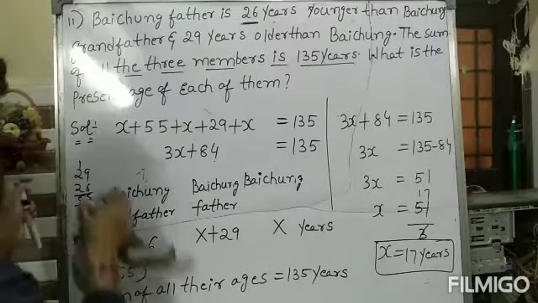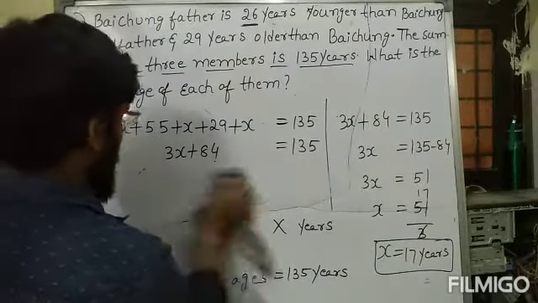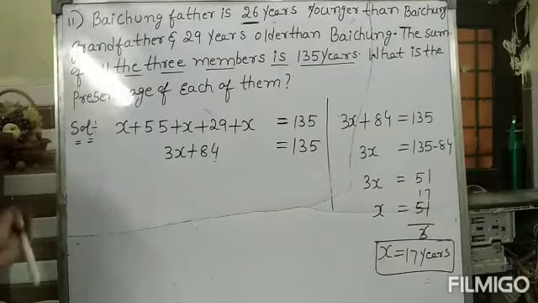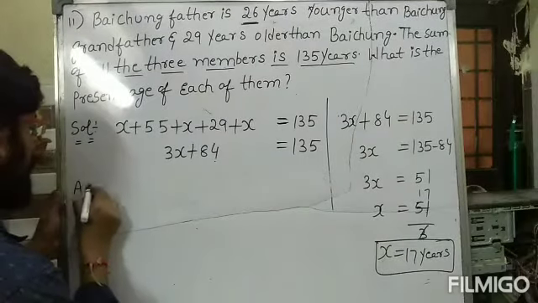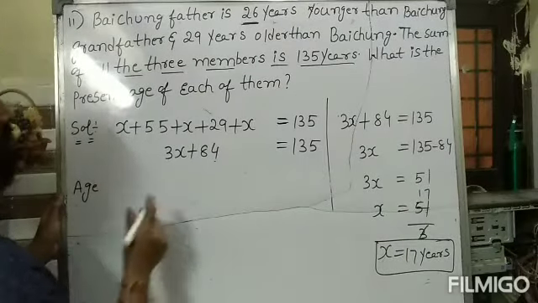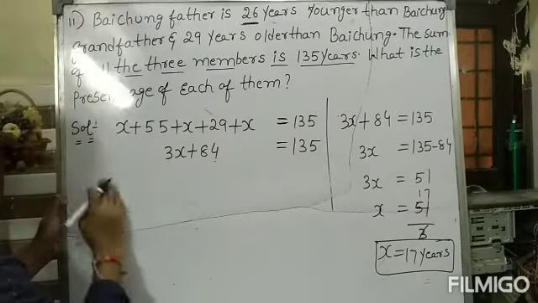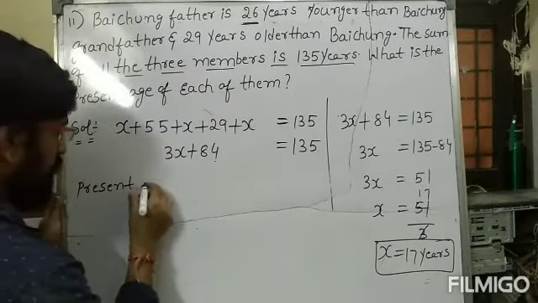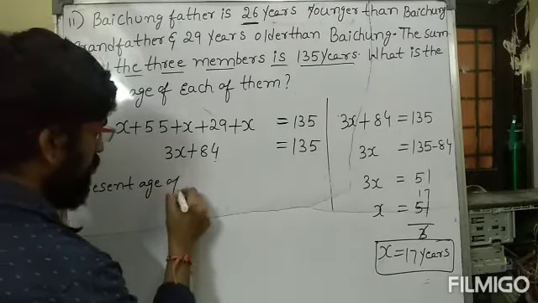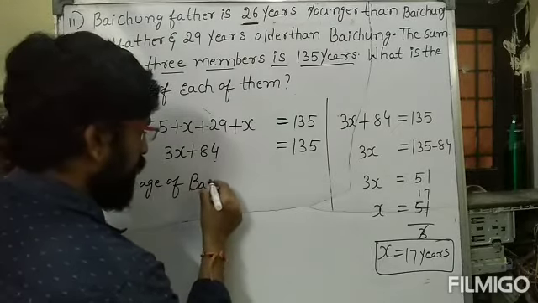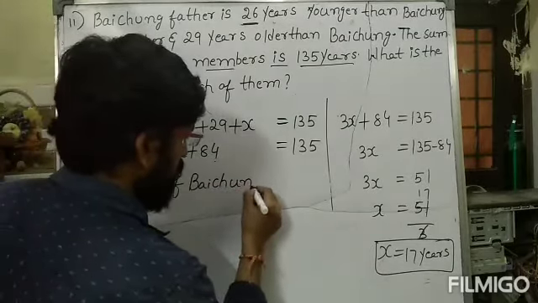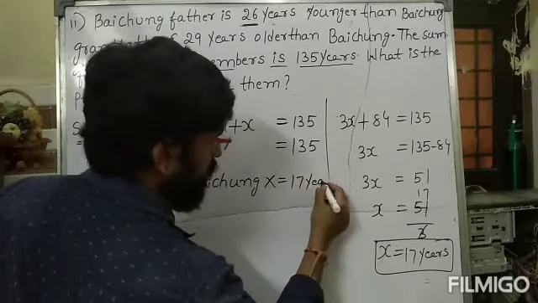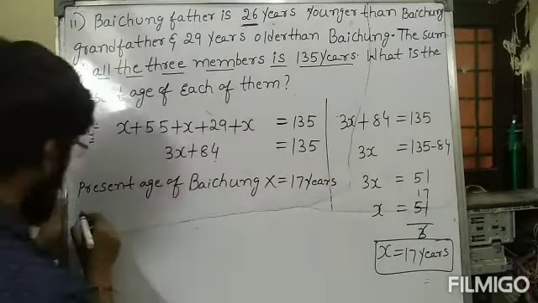That means the present age of Baichong, X, is 17 years.